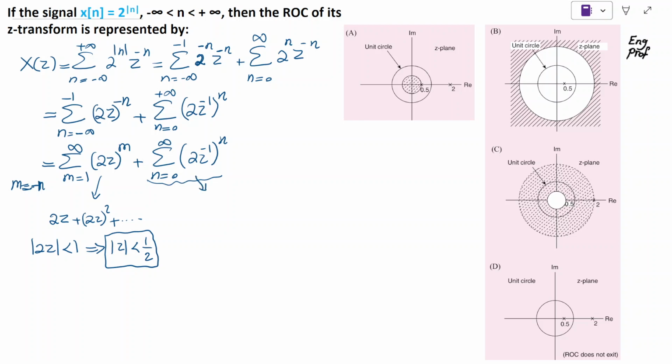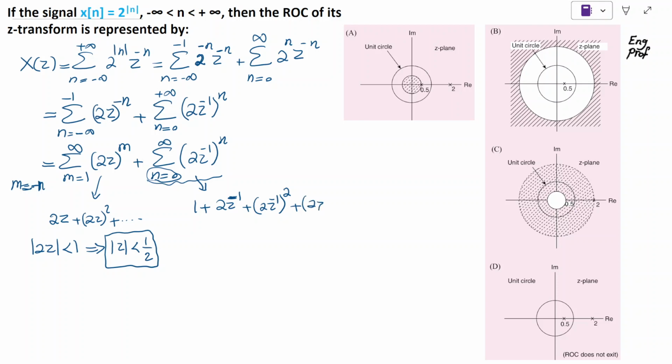But look at the second summation. It's another geometric series, but n starts from 0. So the first term is 2z to the minus 1, to the power 0, which is 1. The next term is 2z to the minus 1 to the power 1, the next is to the power 2, and so on.